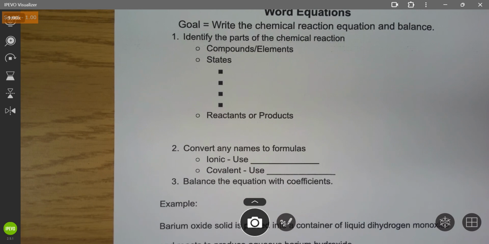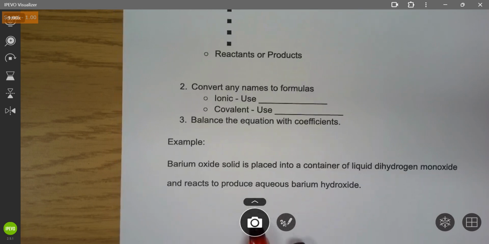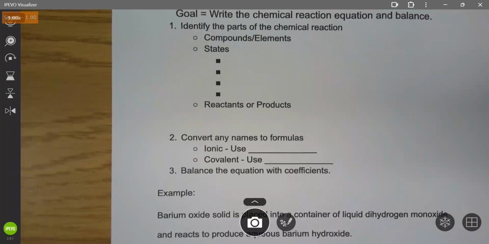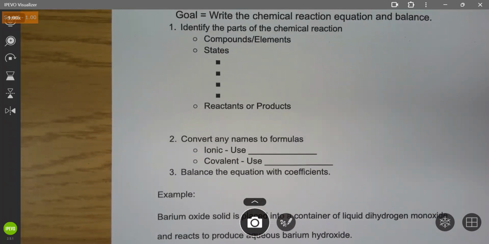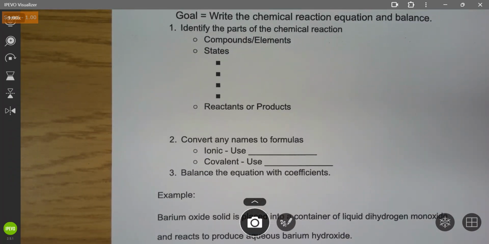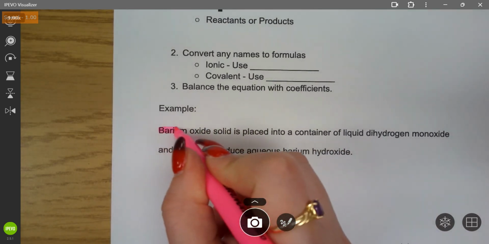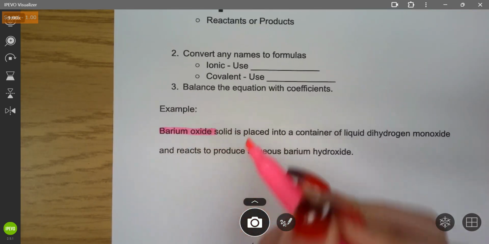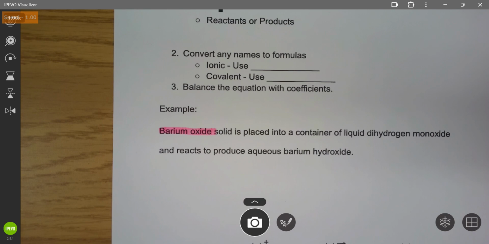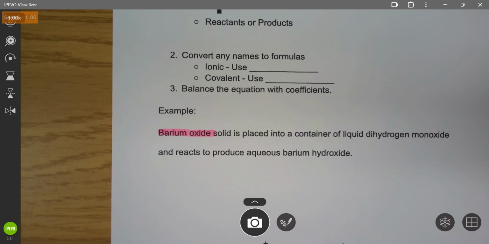First thing we want to do when we read this example problem is identify all the parts of our chemical reaction. So for me, first thing that means, what are the compounds and elements? What are the things that are actually reacting in this problem? So here I have first barium oxide solid. Barium oxide, that is my first compound. I want to highlight that because I'm trying to identify that that's one of my compounds.